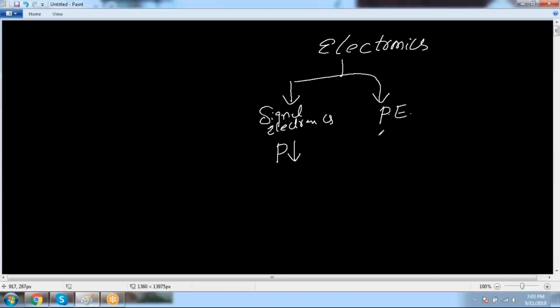But in power electronics, being an electrical engineer, you need to deal with high power applications. Now, this will deal with high power applications. The power is increasing here and the power is decreasing here. Now, what is the basic difference? In the universe, if you are gaining something, you have to lose something.